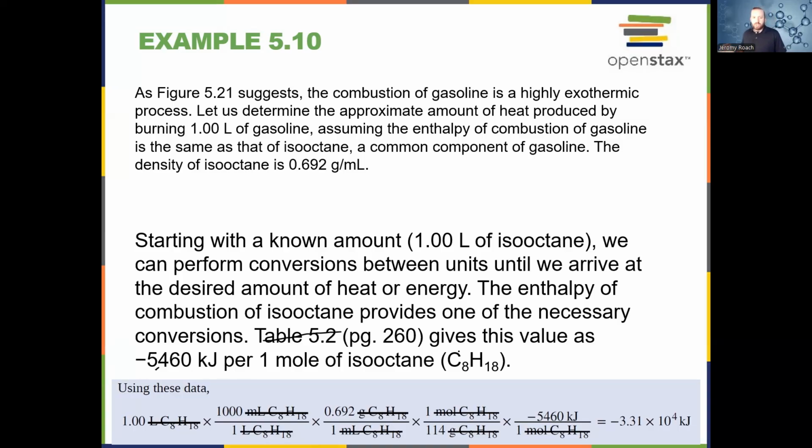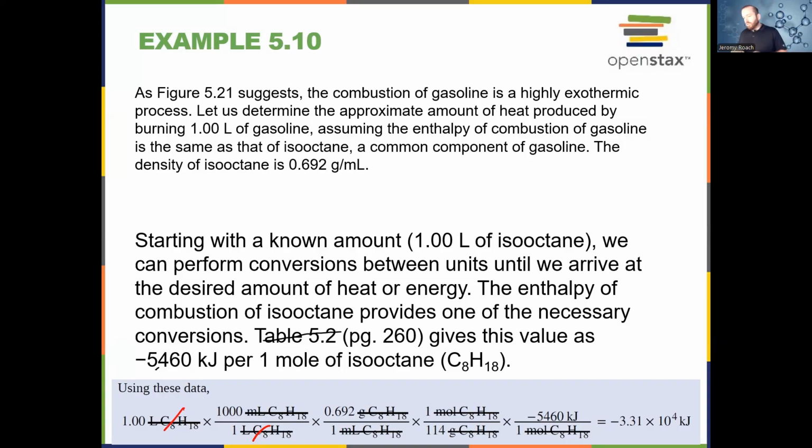So we're going to do some unit conversion here. We have 1 liter of isooctane. We're going to change liters to milliliters, and that's a simple conversion. 1,000 milliliters are in a liter. Let me color code this red so you can see how I'm crossing everything out one at a time. So liters and liters cancel out.